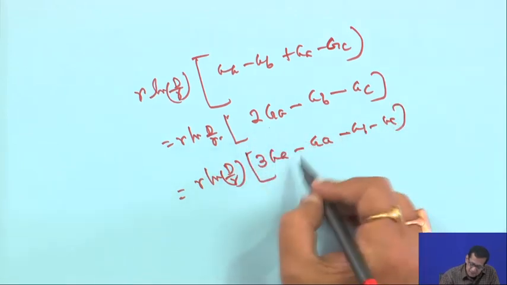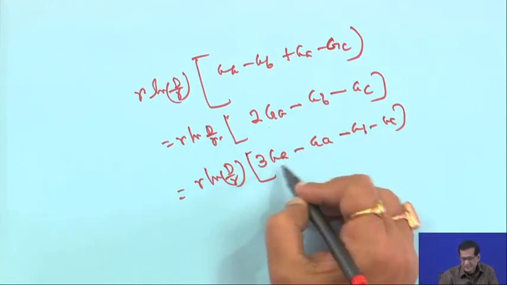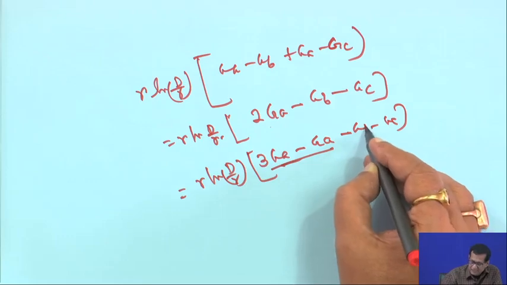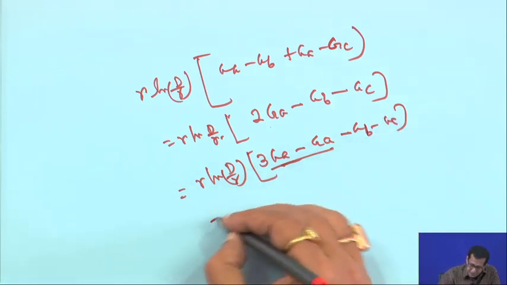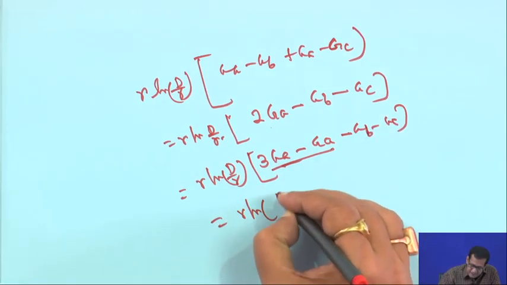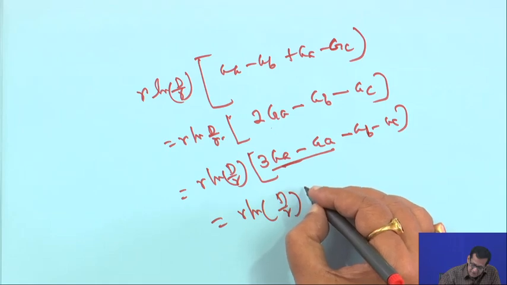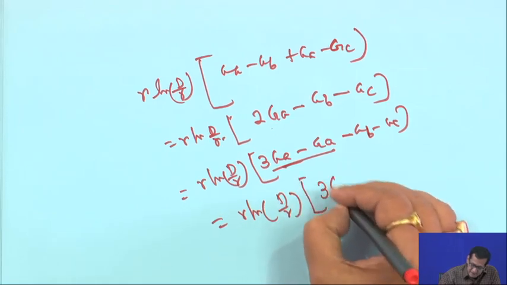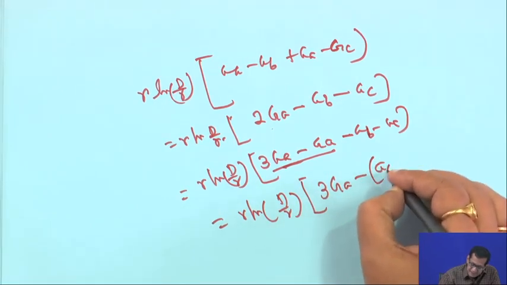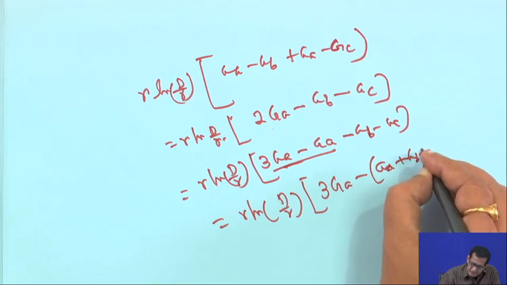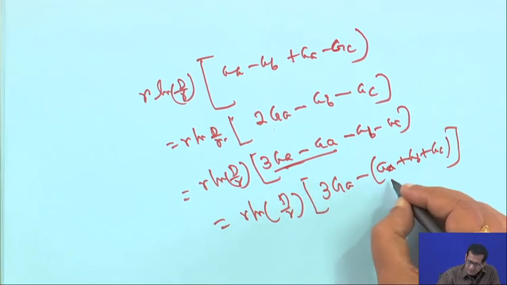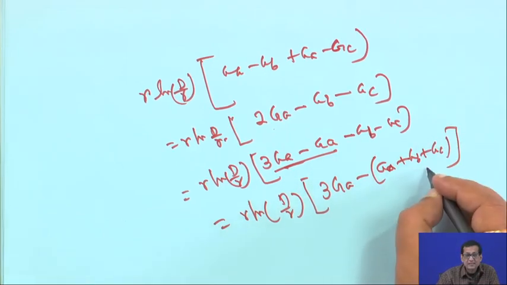So, this 2 Ga we are writing as 3 Ga minus Ga, and minus Gb is there, minus Gc is there. So, it is equal to R ln d upon R into 3 Ga minus Ga plus Gb plus Gc, right. But we have seen Ga plus Gb plus Gc is equal to 0.